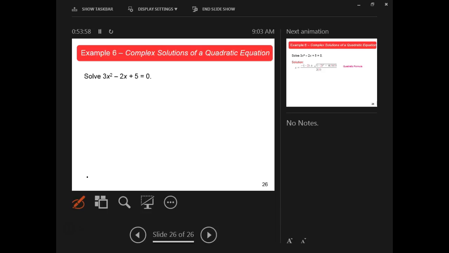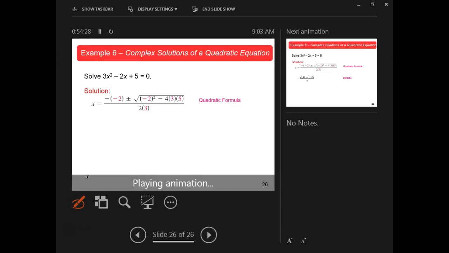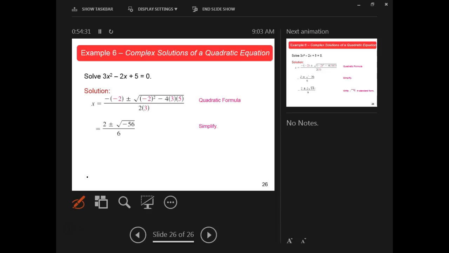So without figuring out what the answer is, you can look at this, use your discriminant, b squared minus 4ac, and see if that's going to be a real solution or a solution with an imaginary part. This one will have an imaginary part, and that's exactly what we did. I just didn't do the first part. Minus b plus or minus the square root of your discriminant, b squared minus 4ac, divided by 2a, and that gave you positive 2 plus or minus the square root of negative 56 over 6.